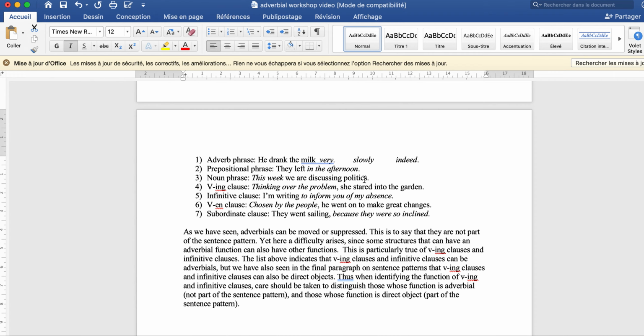Now it might be a little bit difficult to determine exactly, and sometimes there is ambiguity, exactly what kind of adverbial it is, but you don't need to know that information. You could say, is this a cause adverbial?